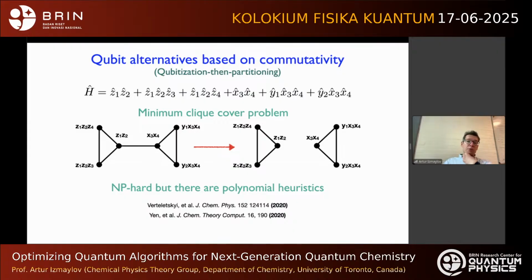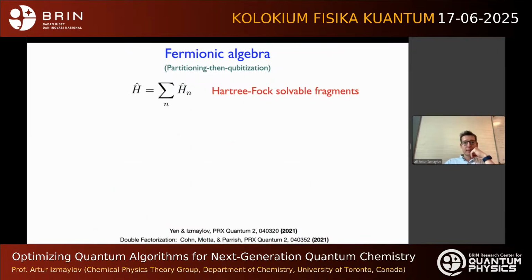But there are some polynomial heuristics, and these are the works where we worked on or discussed those polynomial heuristics. It turns out that greedy heuristics work quite well for the Trotter error, and I'll tell you why in a moment. You don't need to partition the graph into the minimal number of fully commuting subgraphs. You could do things in a greedy fashion, and it will be even better.